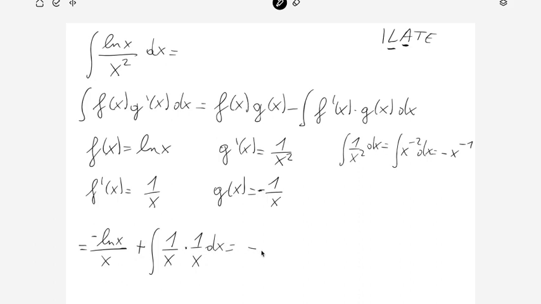So this is minus the logarithm of x over x plus the integral of 1 over x squared dx.